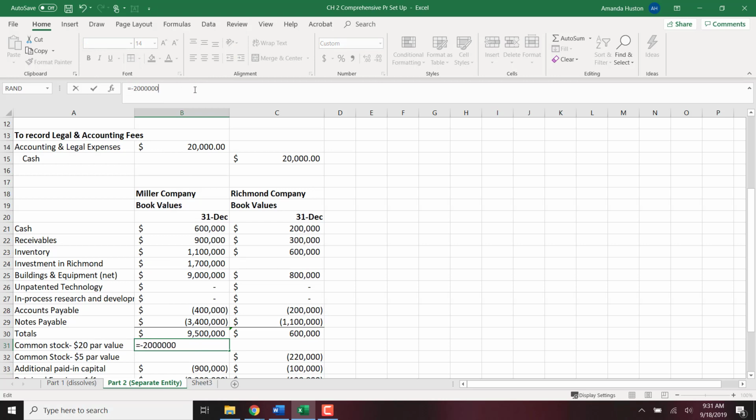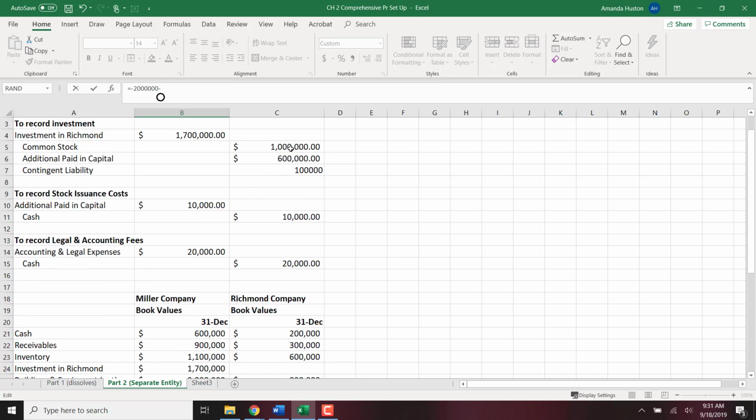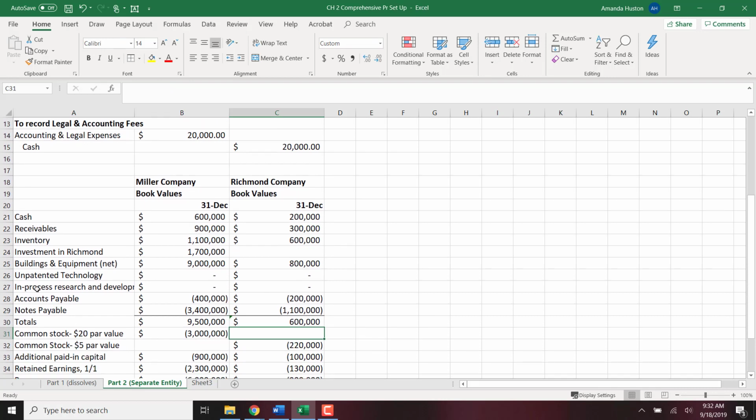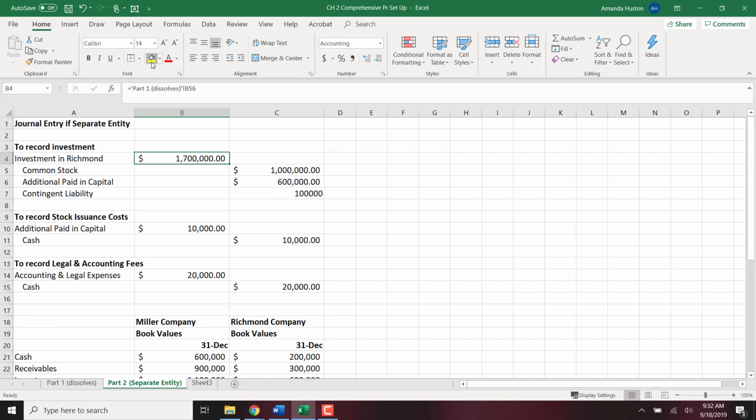These are negative numbers, so I'm going to subtract the 1 million in common stock that we issued. So at this point I've taken care of this one and this one. I'm highlighting this for you.